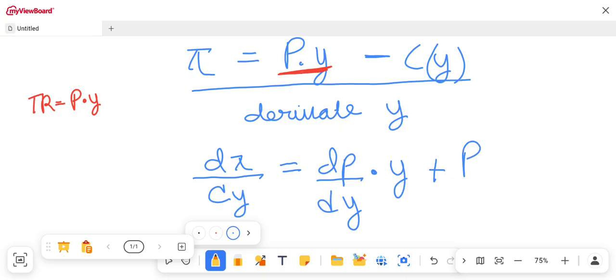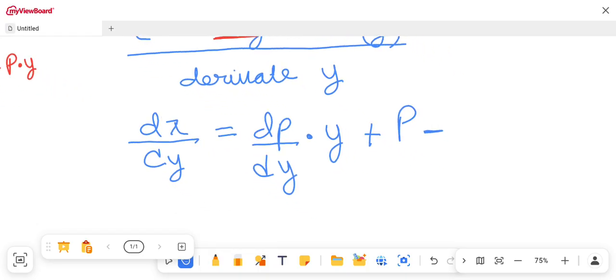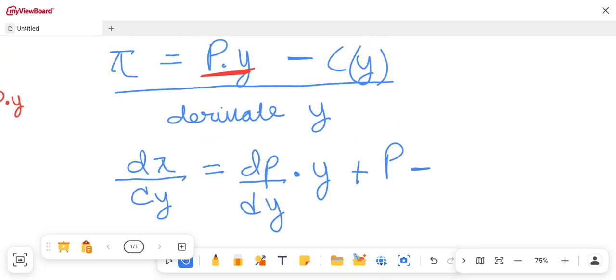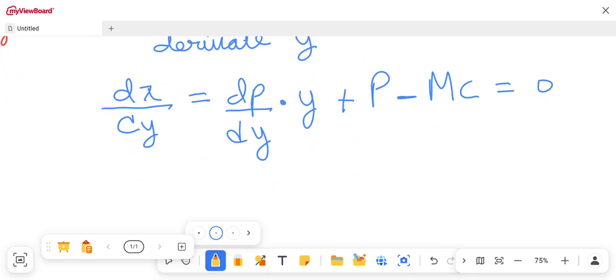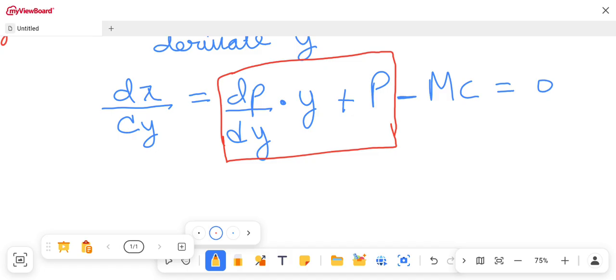And now we have to derivate the cost function. We know that when we derivate the cost function, we get marginal cost. And the whole derivative is equals to 0. So you have to remember this equation, and if you are facing a problem in derivating and you are thinking how did we get this, then just go and revise the formula for product rule.